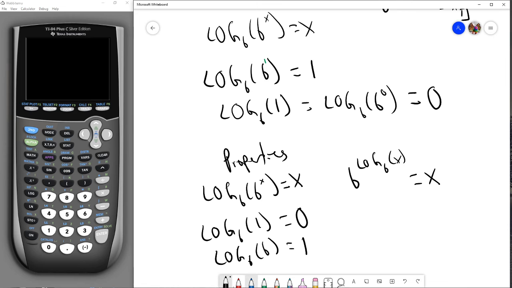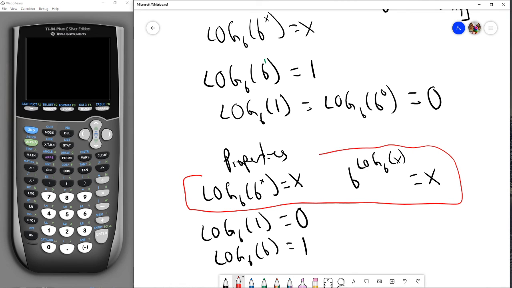Now, these two properties that I'm boxing in red will be very important for solving equations, exponential or logarithm, because these two properties tell us how to effectively undo logarithms or exponentials, and it's by using the opposite. So if you need to undo a logarithm, you use an exponential.